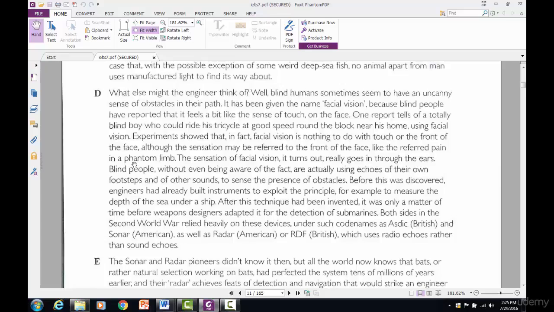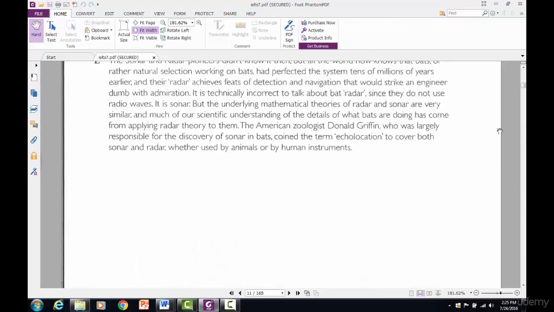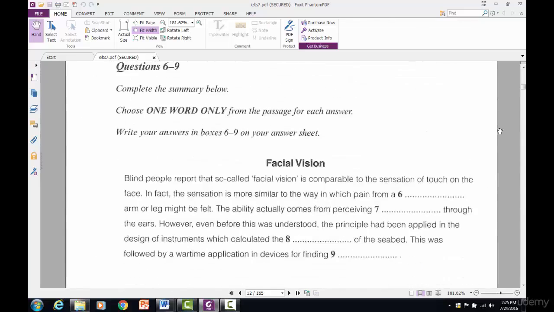All right, answer is the word phantom right here. Phantom. Because limb is a synonym for arm or leg, and there we have the word pain, which comes before it. So pain in a phantom limb, or phantom arm and leg. So the answer for number 6 would be phantom. Pain from a phantom arm or leg.